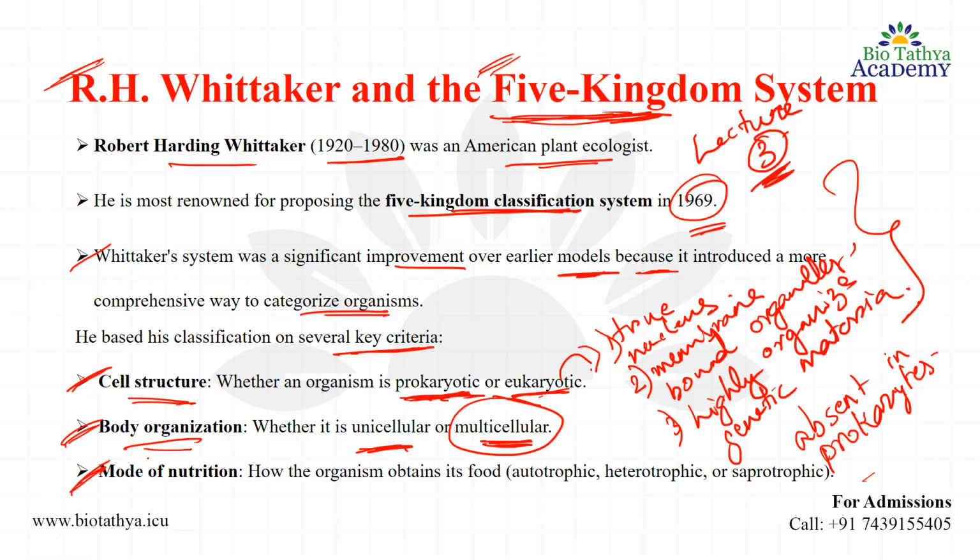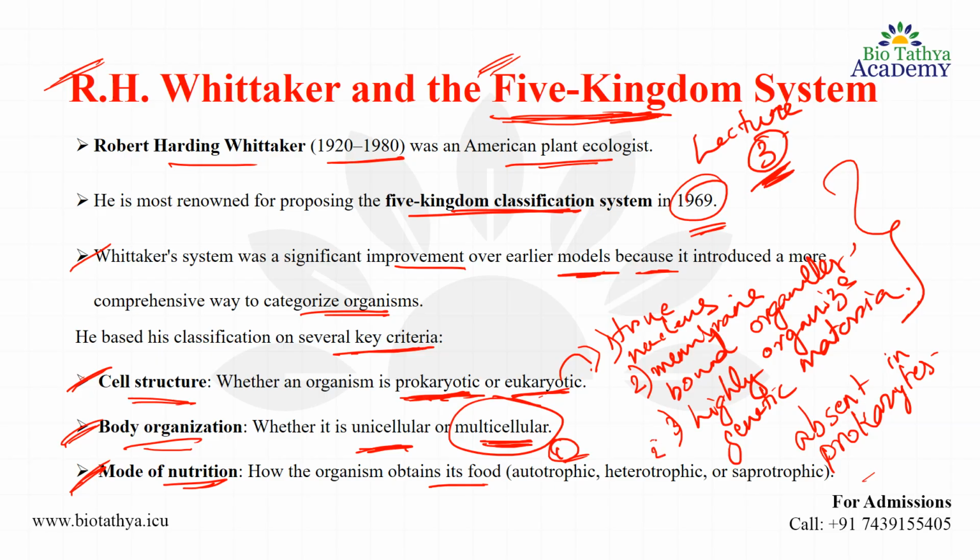Then he also took into account the mode of nutrition, how that organism takes in food: either it is making food, or it is taking food from someone else, or it is eating some other organism. So based on that, he also tried to classify. The organism might be autotrophic, that is plants are autotrophic, we know they can make food by the process of photosynthesis.